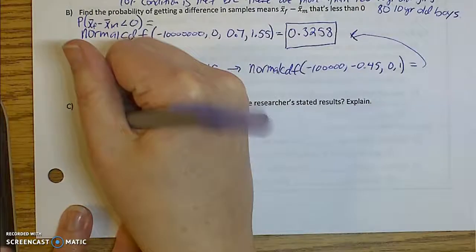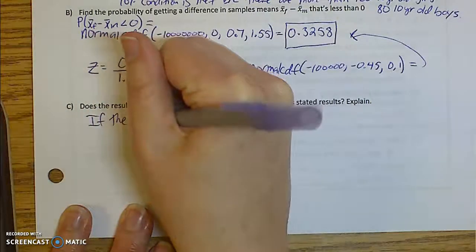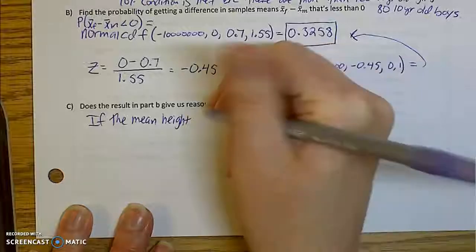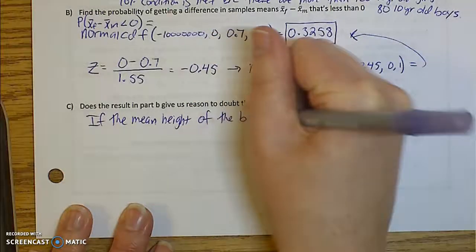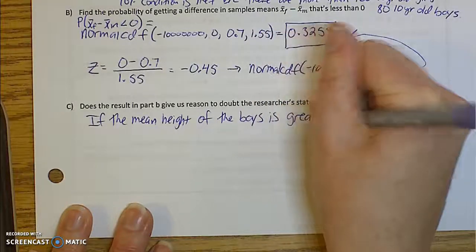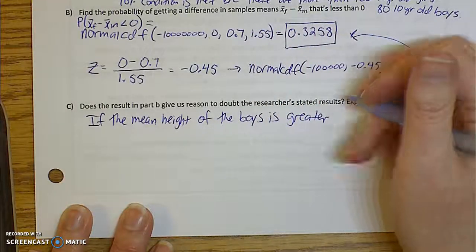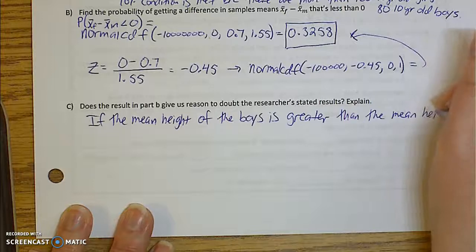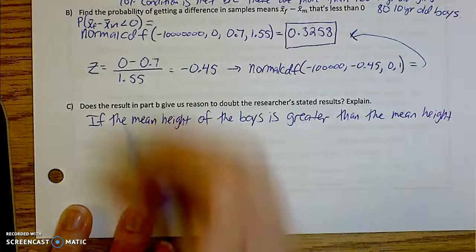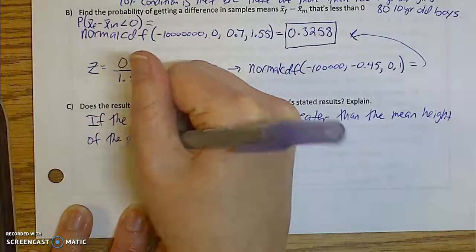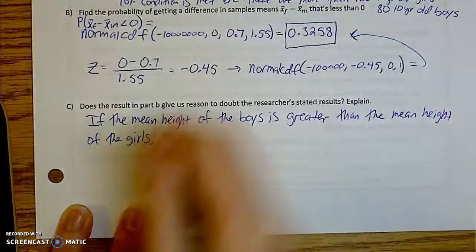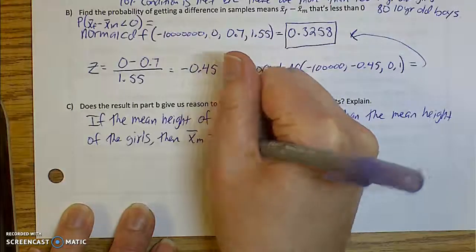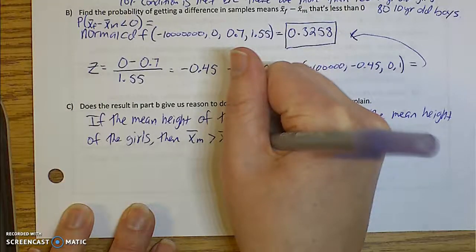So if the mean height of the boys is greater than the mean height of the girls, then that would mean the sample mean of the men, or the boys, is greater than the sample mean of the females.